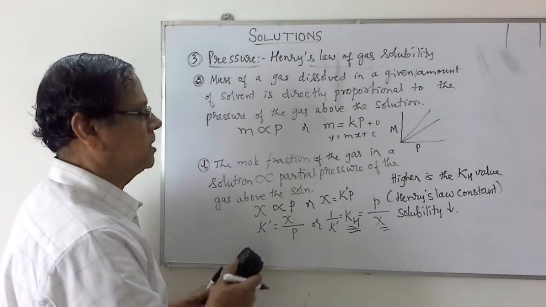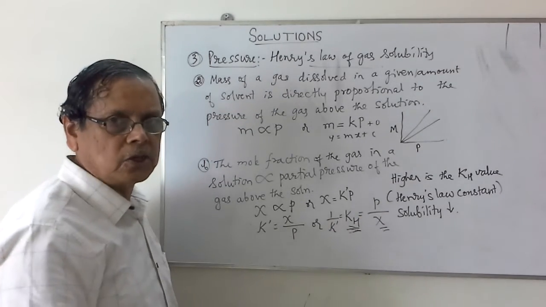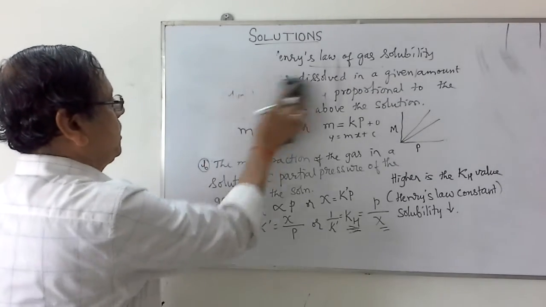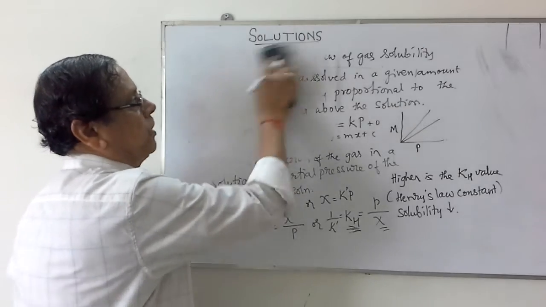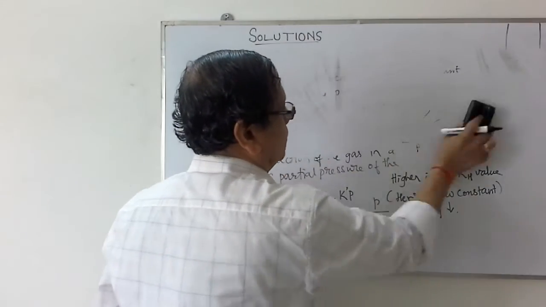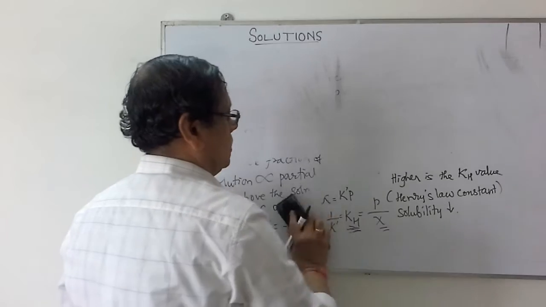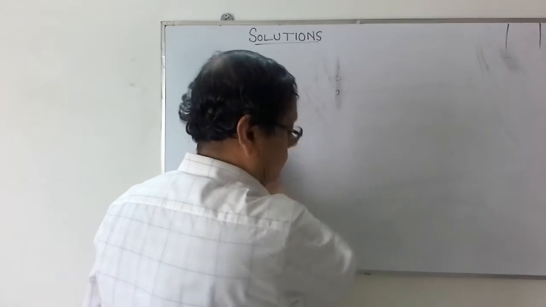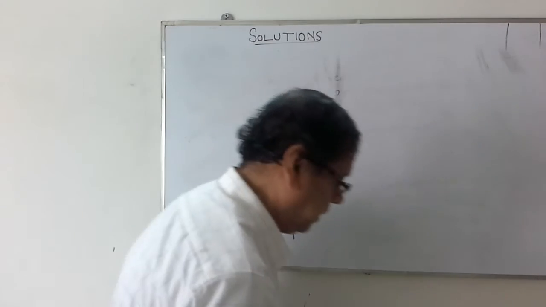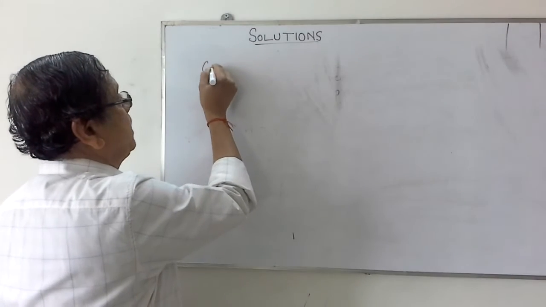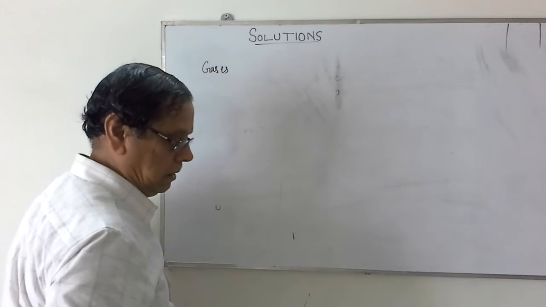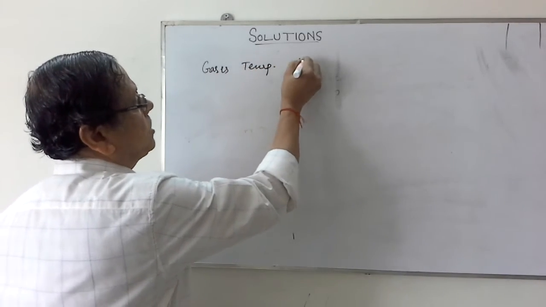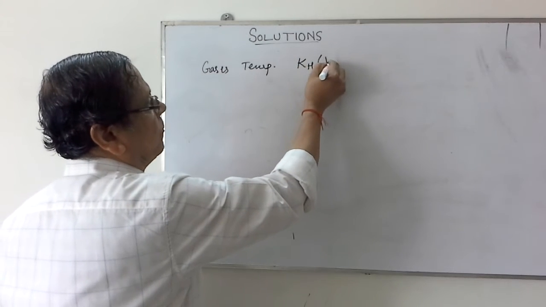So let us compare these KH values and the solubility for different gases at different temperatures, which we shall take up based on the experimental results. For example, here are the various gases and temperatures and KH values expressed in terms of kilobar.